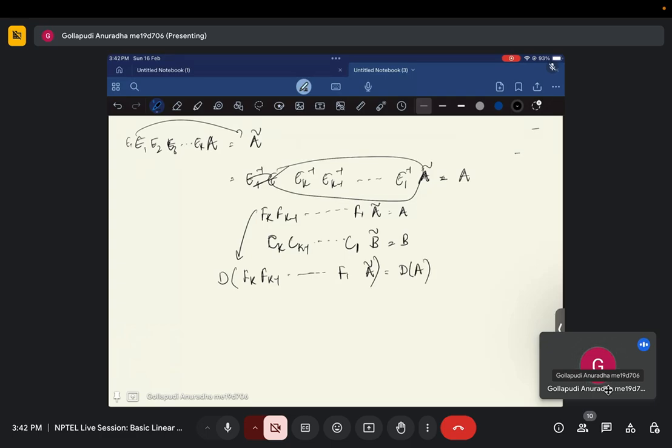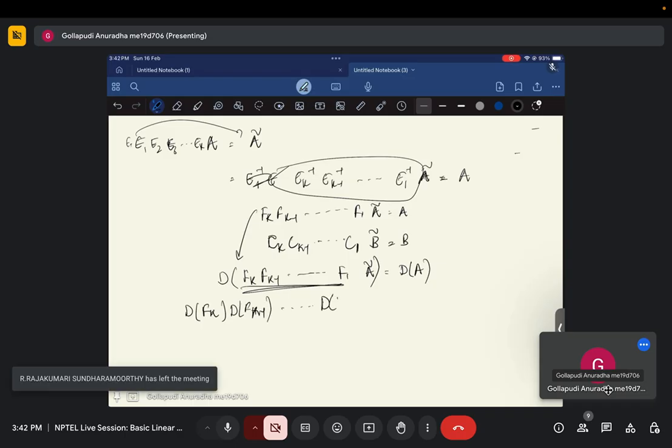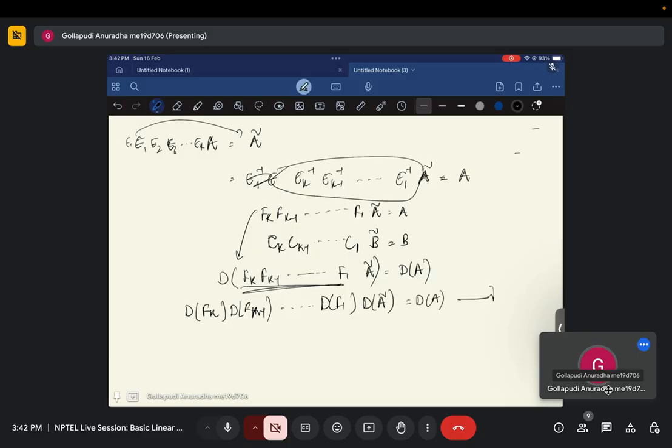I hope this is clear so far. These are all elementary operations, right? So I can pull them out.